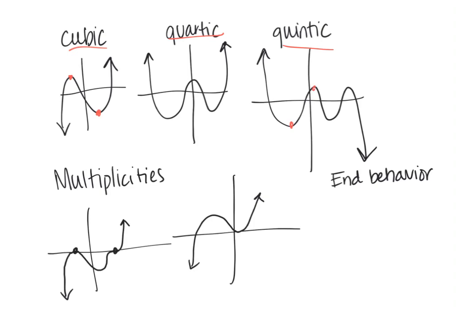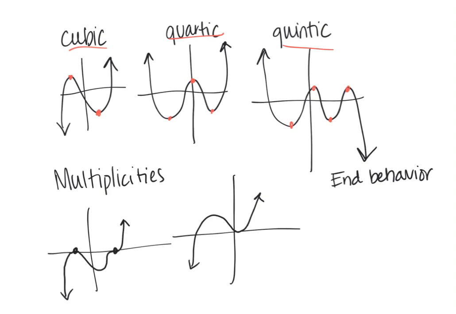There's at most n minus 1 turning points. So if you have 2 turning points, it could be at most a cubic. If you had 3 turning points, it's at most quartic. And if you have 4 turning points, it's at most quintic. So that can also help you figure out what type of polynomial you have.